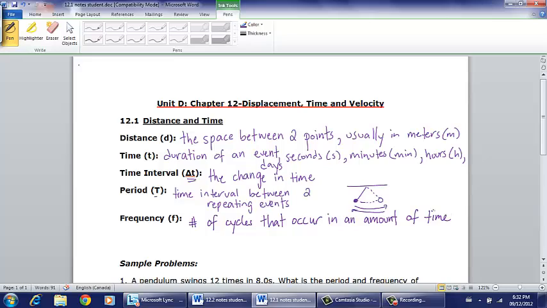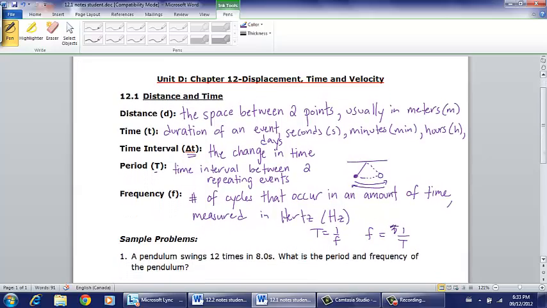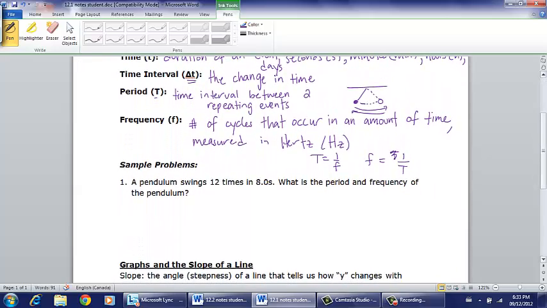Frequency is most often measured in hertz, and hertz is abbreviated Hz. The formulas for period and frequency are related. Period equals 1 over frequency, and frequency equals 1 over period.